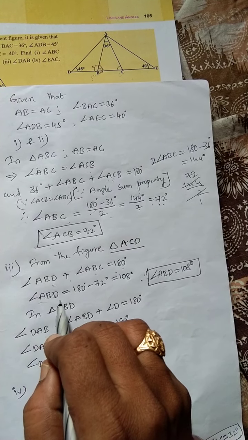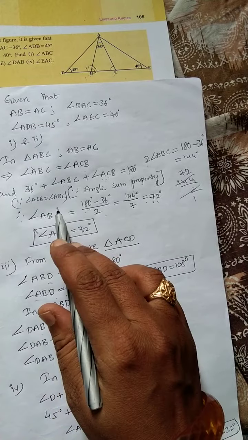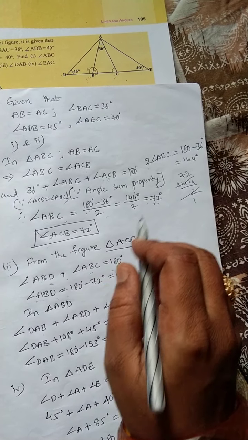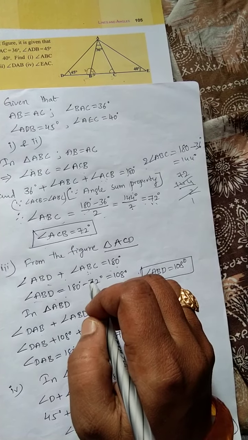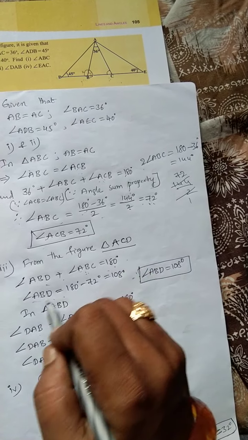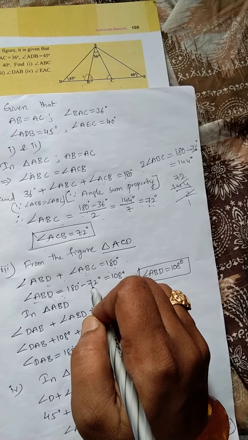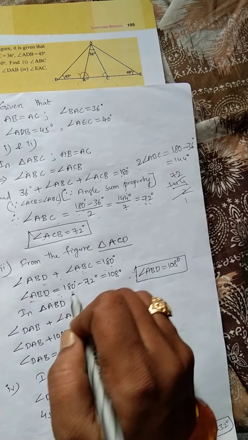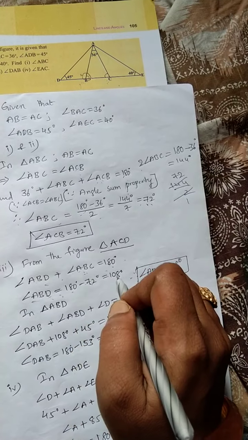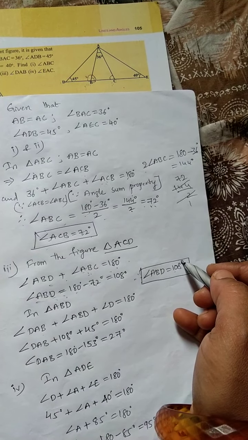Now angle ABD is equal to 180 minus angle ABC, and already you know angle ABC is 72 degrees. So 180 minus 72 is 108 degrees. Therefore angle ABD is 108 degrees.